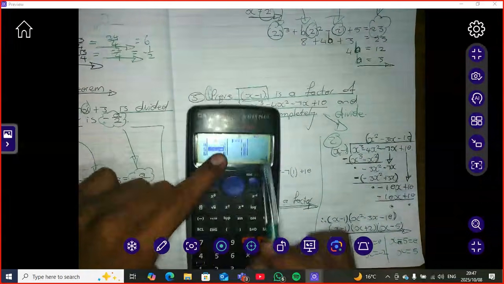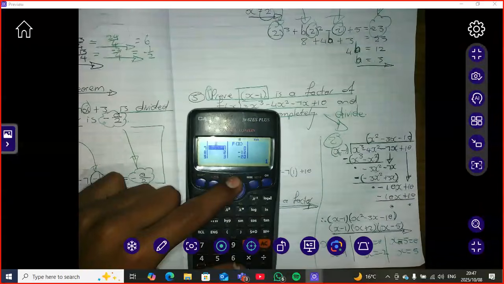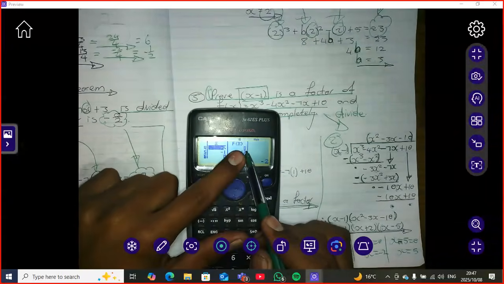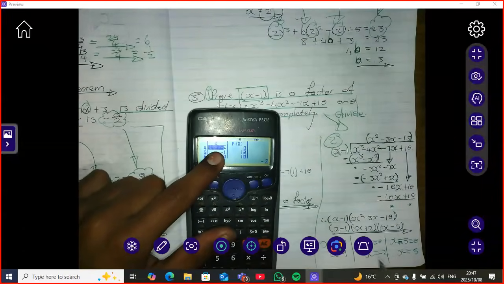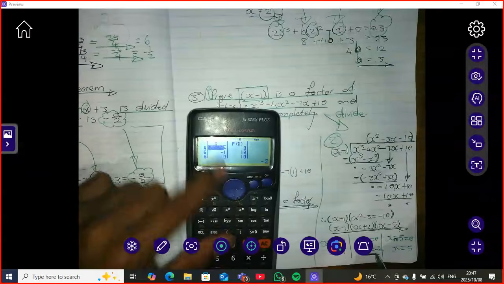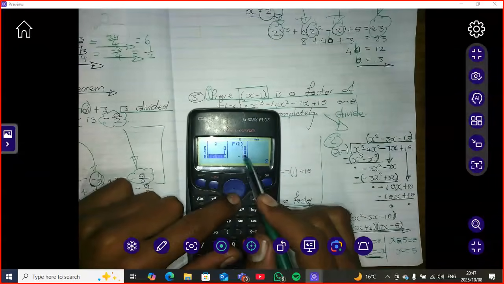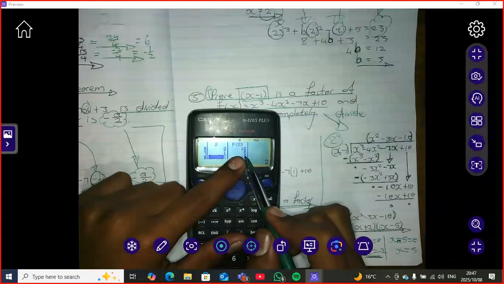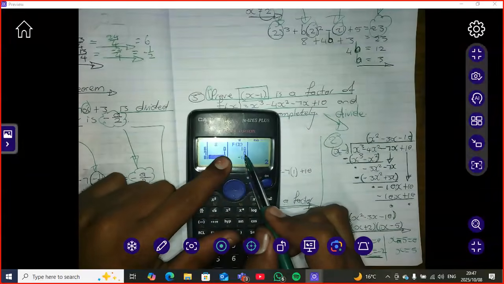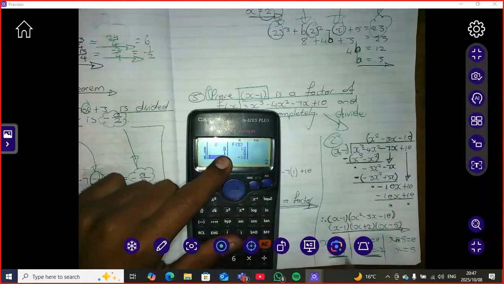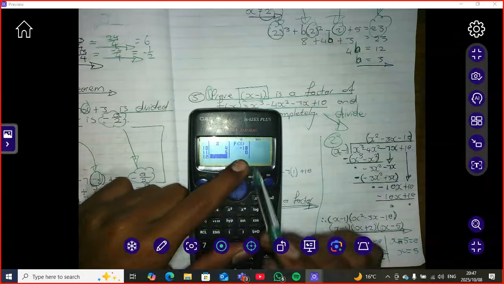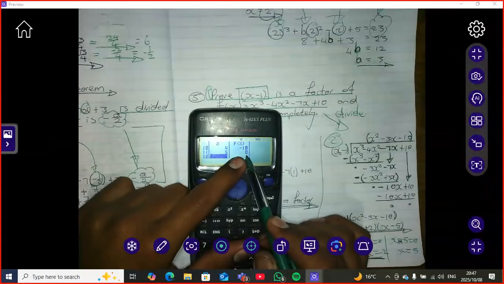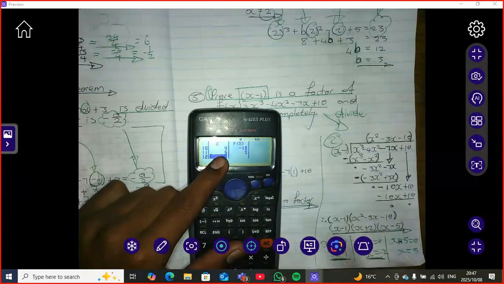So where f of x is 0, the corresponding x value is your factor. As you can see here, there's my x plus 2 there. So then I go more down and I see I have another one. f of x equals 0, the corresponding value is 1. There's my 1 over there. I go more down and I see there's a 0 again. So the corresponding x value is 5. And then look there, there's my 5.